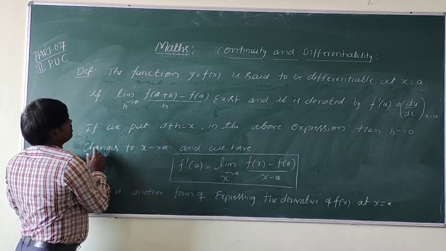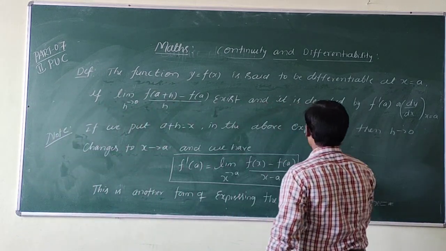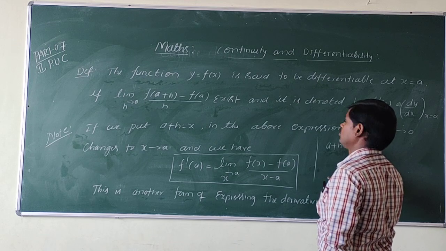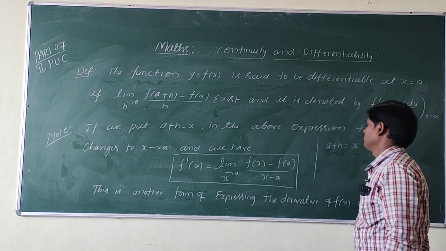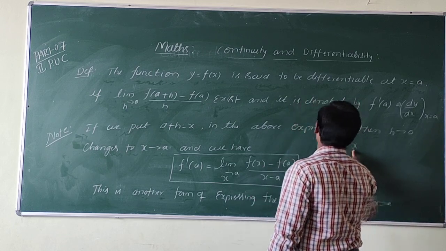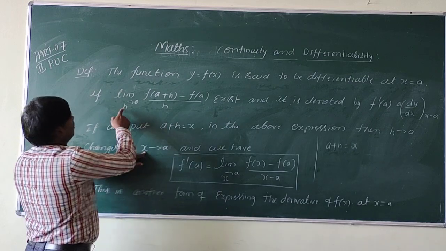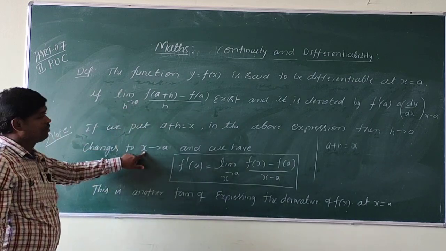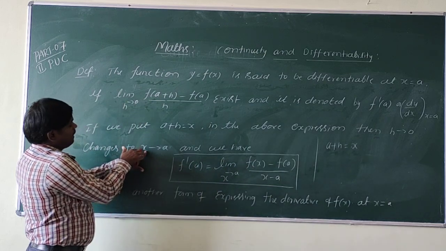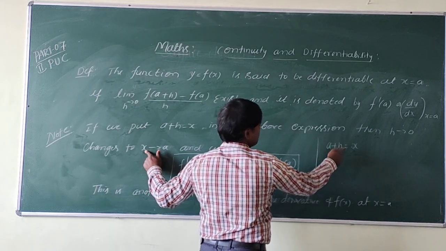Then h tends to 0 becomes x tends to a. So this is the function of x, and now x tends to a.